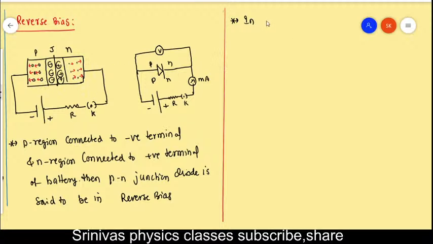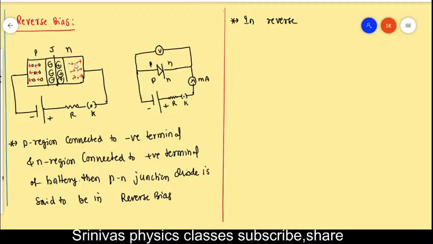That means in reverse bias, what happens? These holes are going this side, electrons are going this side. The region which is free from electrons and holes will increase.